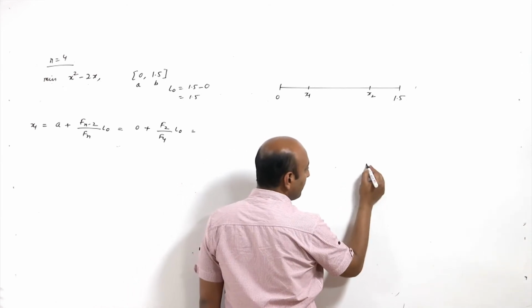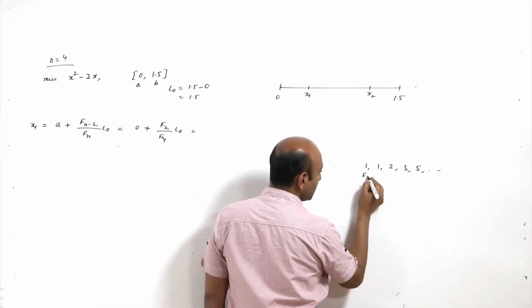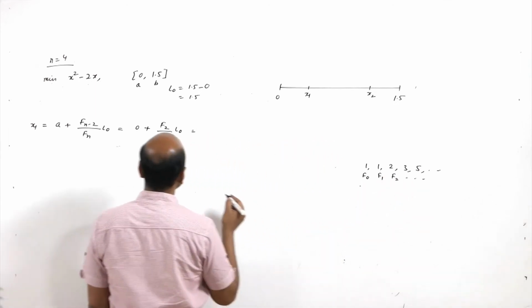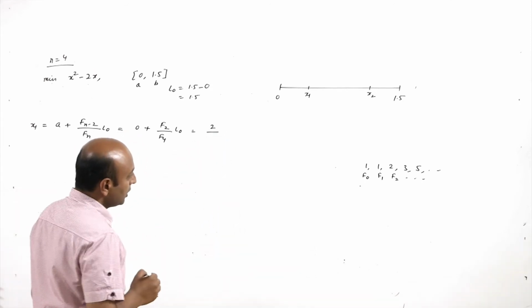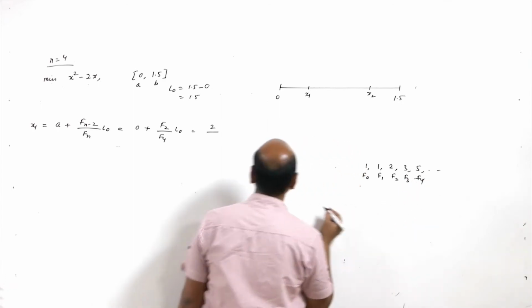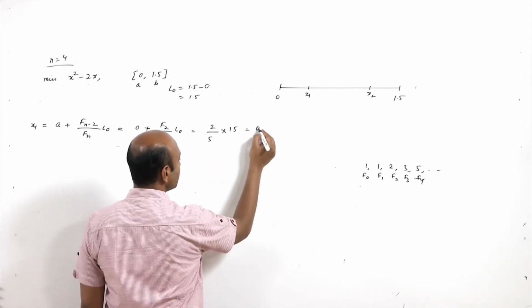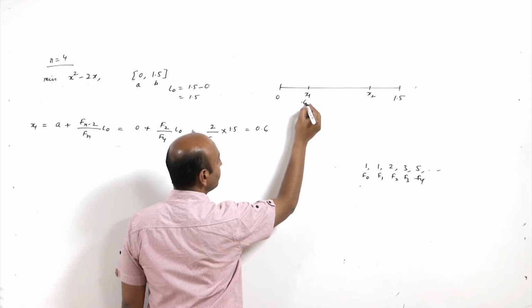If you write the Fibonacci series, it is 1, 1, 2, 3, 5 and so on. So, it is f naught, f1, f2 and so on. So, f2 is 2, then f3, f4, and f4 is 5, L naught is 1.5. So, it is 0.6. So, this experiment is 0.6.